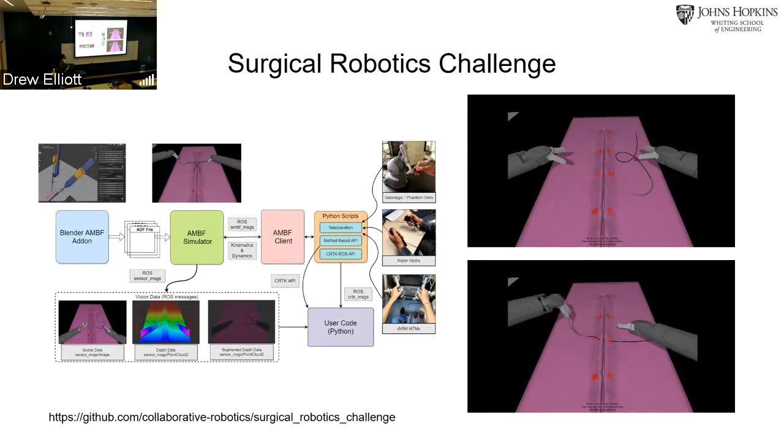AMBF will give you the state of all the objects, on cloud, the segmentation. And you can control the manipulators using either velocity control, effort control, or position control. And you have a bunch of different example scripts in there if you wanted to control these simulated robots using GeoMagic or Phantom or DVRK or any other input device for that.